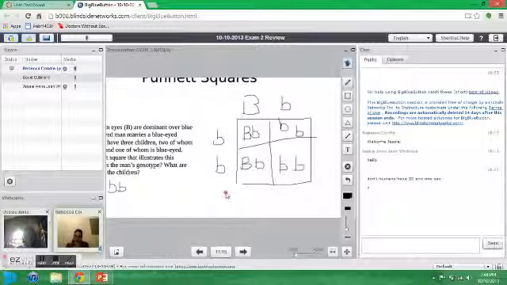Where in the textbook are the Punnett squares? Page 148, thank you.